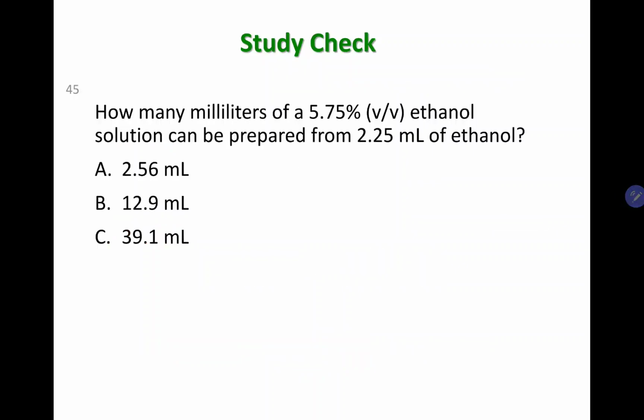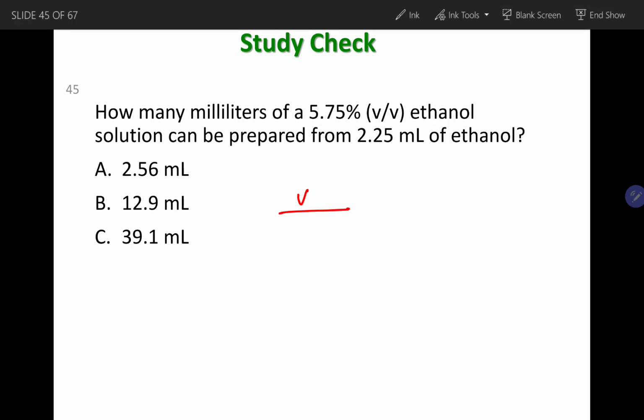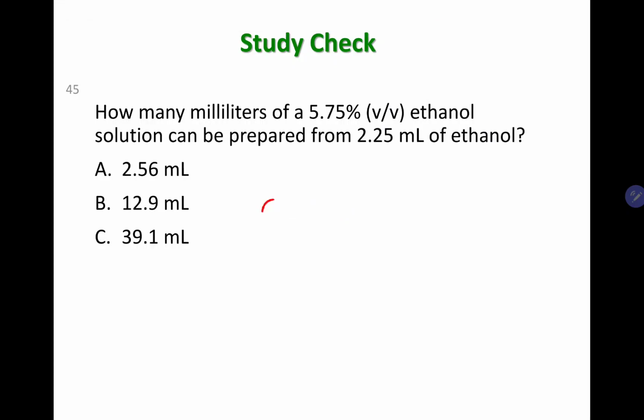And here is another volume to volume calculation. Once again, these types of calculations are not that interesting in chemistry, but you have to know them, of course. You want to know the volume of ethanol. Oh, actually they're not asking for the volume, so your volume to volume percentage is 5.75%, and then you used 2.25 milliliters.